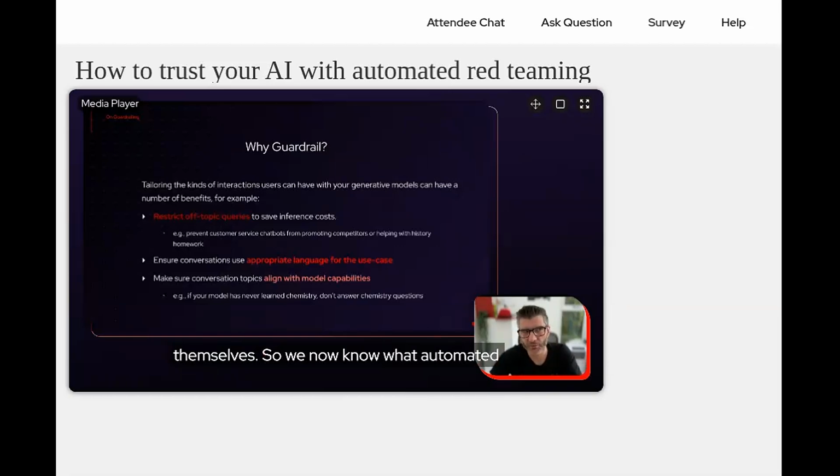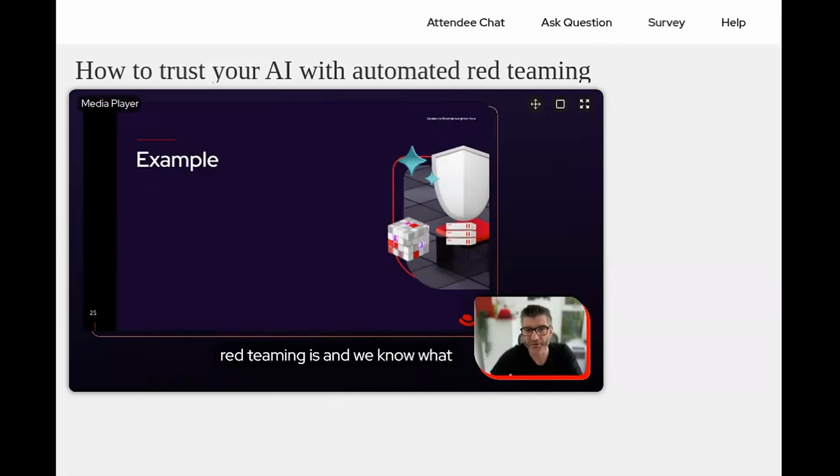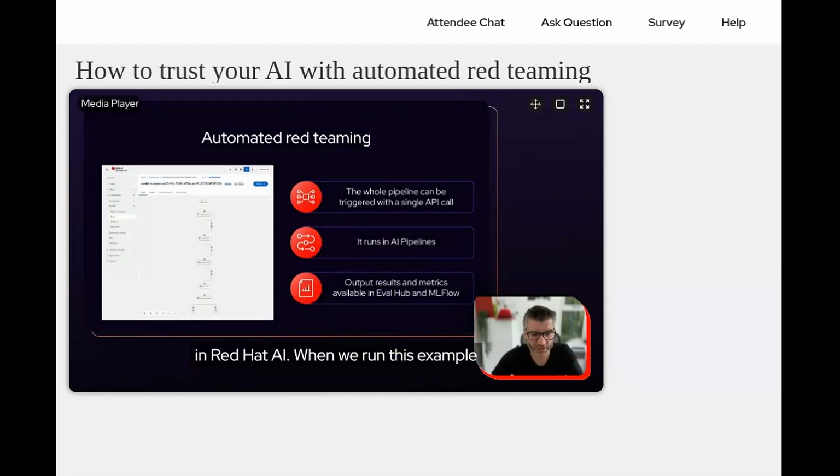So we now know what automated red teaming is, and we know what guardrailing is. We'll walk through an example here, and all of this is running in Red Hat AI. When we run this example, we're going to trigger the whole pipeline.